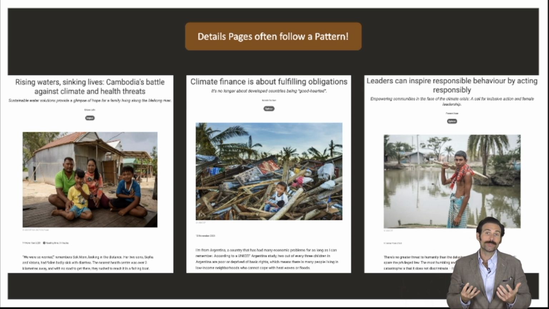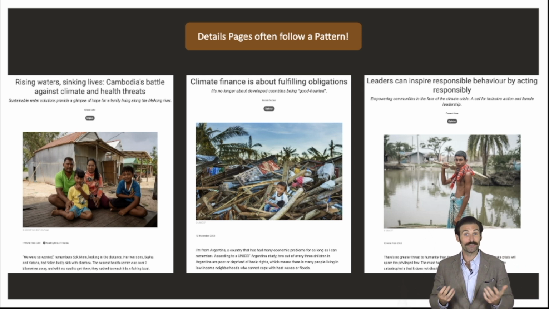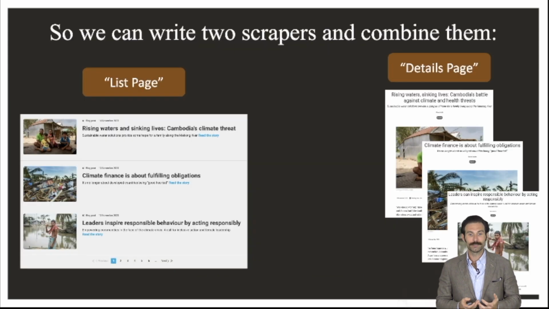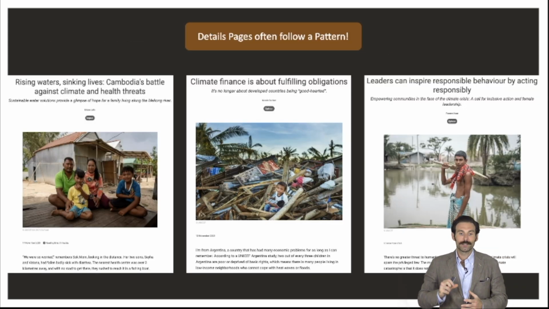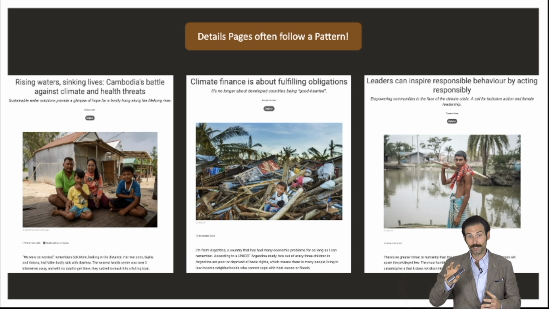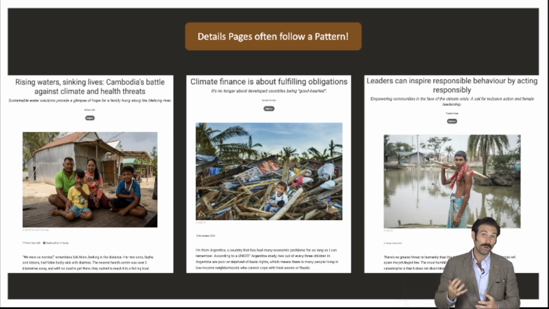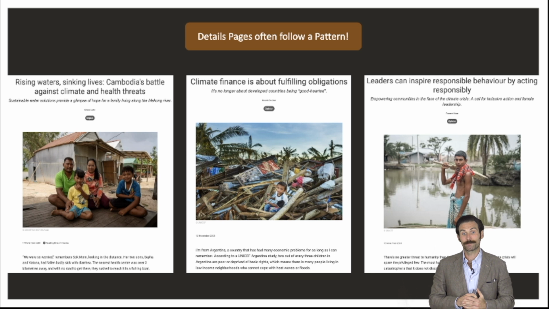But the good news is that details pages often follow a similar pattern. If we think about the elements here, each of these detail pages has a title, it has a picture, it has some text that we can grab, and we only have to build one scraper to pull this information from each detail page.